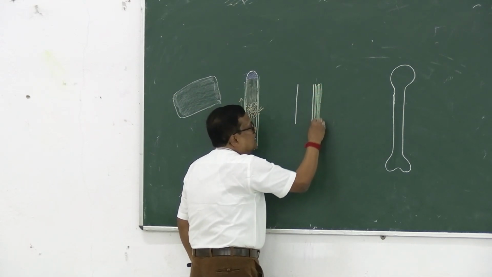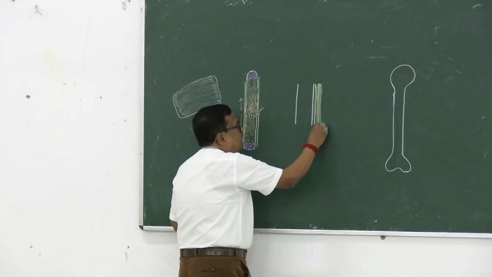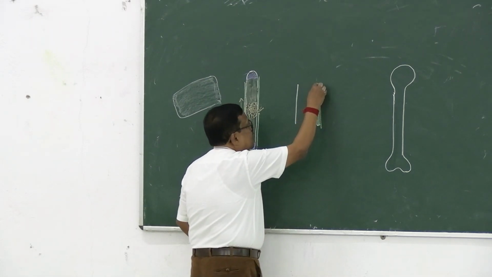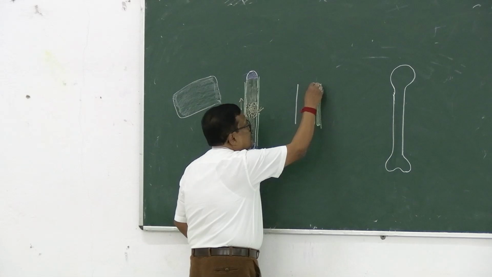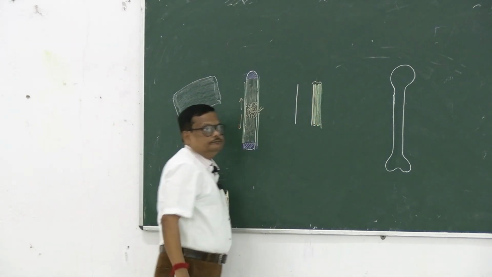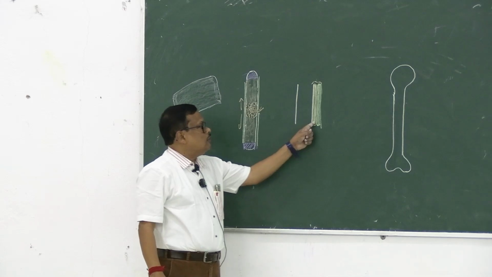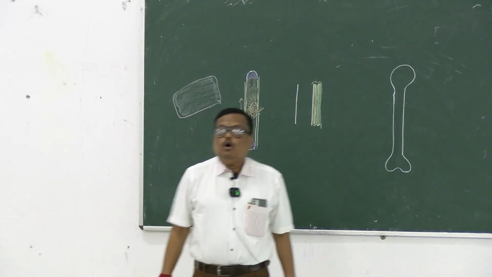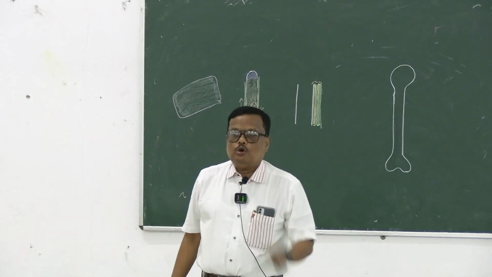This is the outer layer, sorry, and this is the inner layer. The whole is the periosteum. The inner layer of periosteum we call the osteogenic layer.